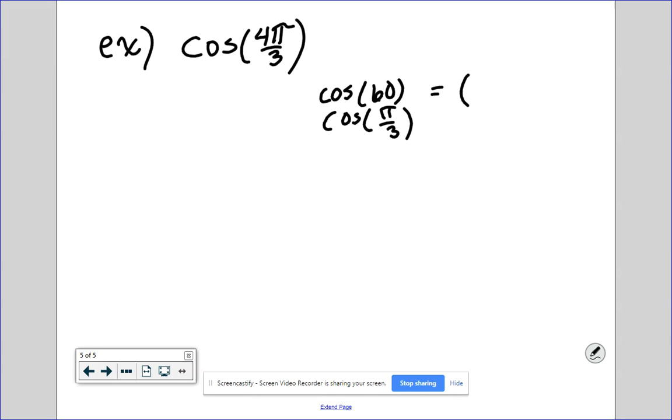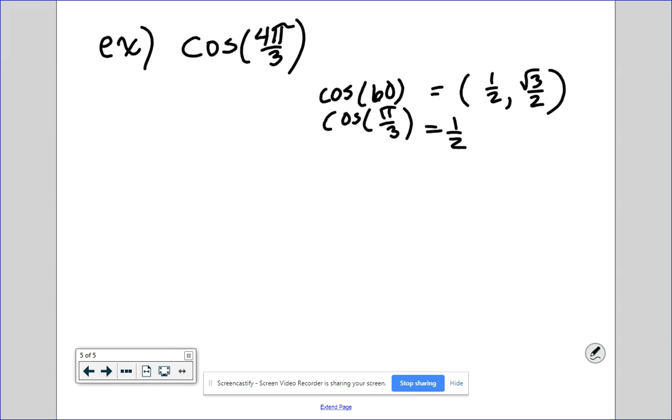Well, at 60 degrees, the xy coordinate that I gave you is one half, square root 3 over 2. So if I said to find cosine of 60 or cosine of pi over 3, which one of those numbers would I want? The half. Okay?